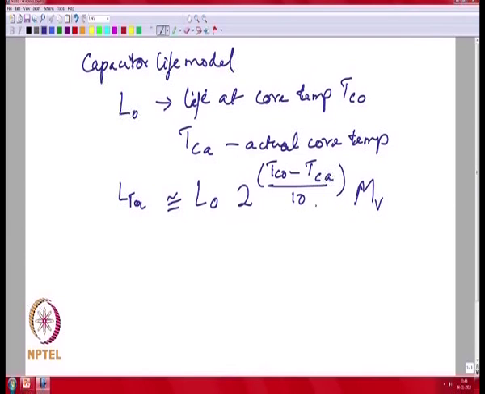So, one factor is the effect of the temperature, which is actually a very significant effect. You could also have a voltage multiplier effect.